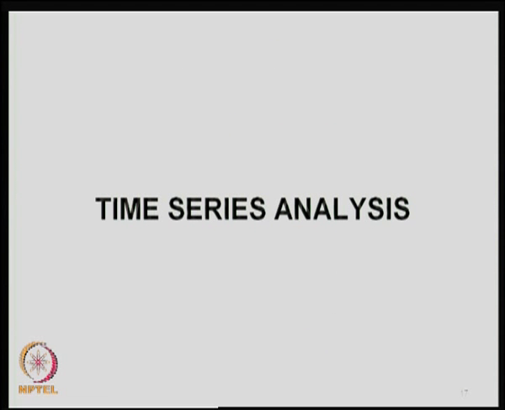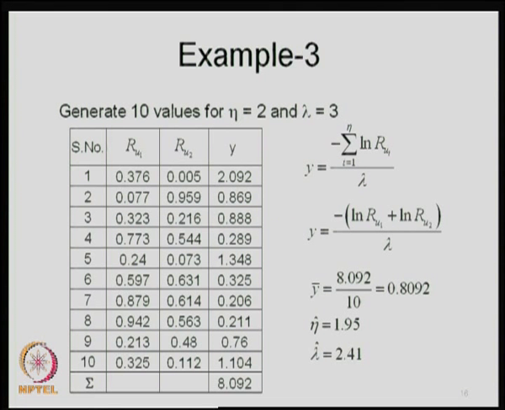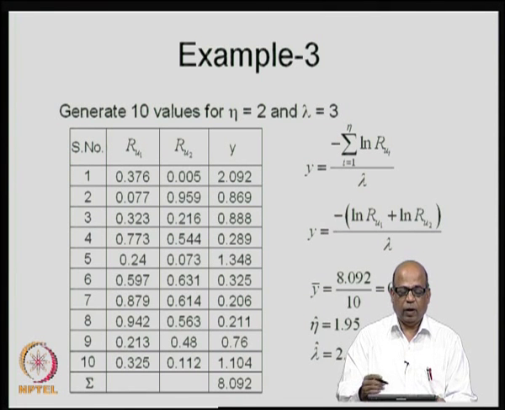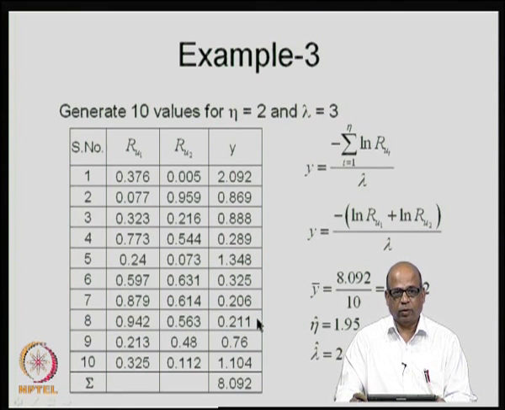All right. So, what we did in data generation is that we specified the distribution. When we specify the distribution, we specify also the parameters of the distribution. We say a normal distribution with a particular set of parameters mu and sigma square, and then generated values belonging to that particular distribution.